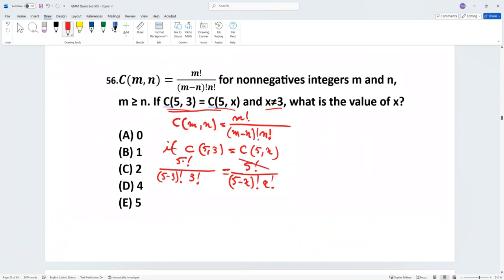So this will cancel, and we will find ourselves having (5 minus x) factorial being equal to 2 factorial 3 factorial.